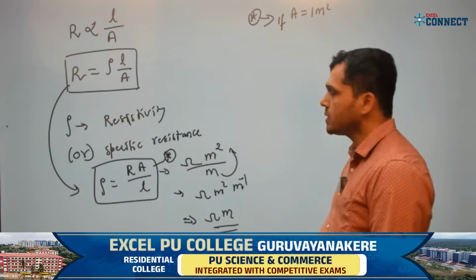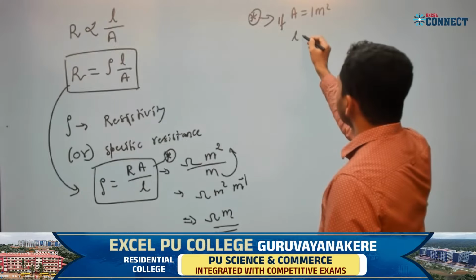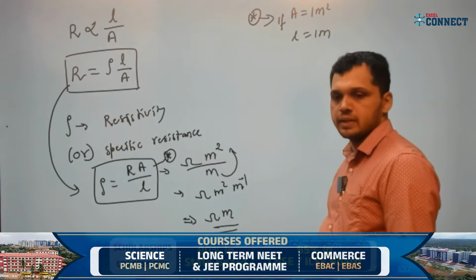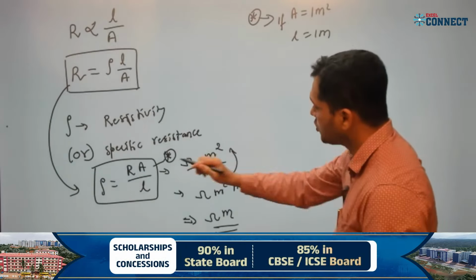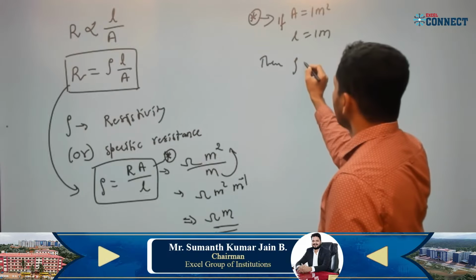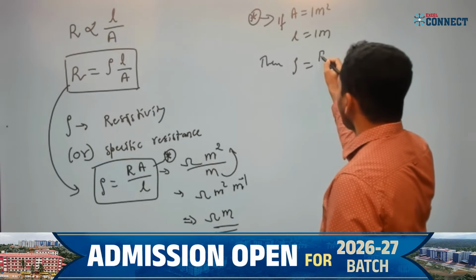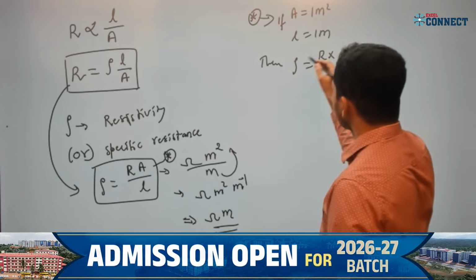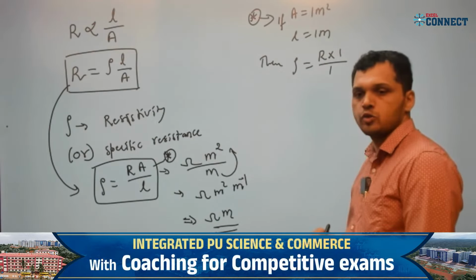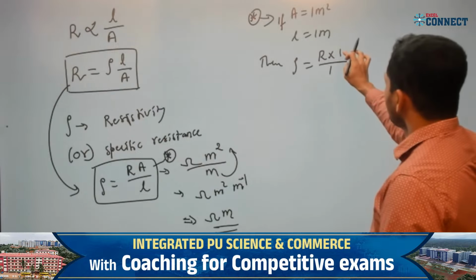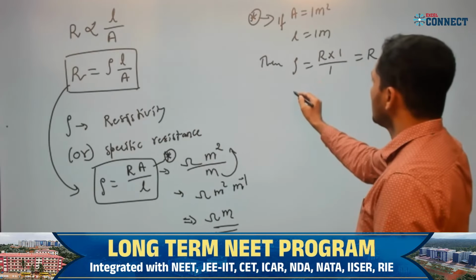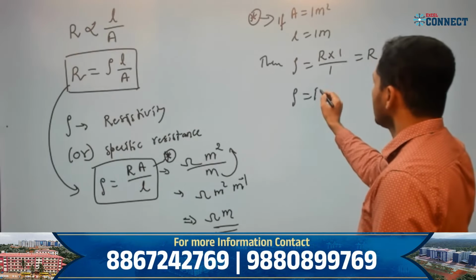If area is 1 meter square and length is equal to 1 meter, then what about rho? Then rho can be written as R into area is 1, length is 1, that is 1 into R is R only, that is rho is equal to R.